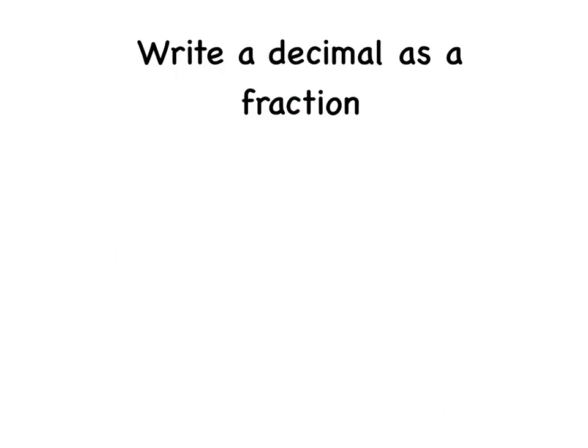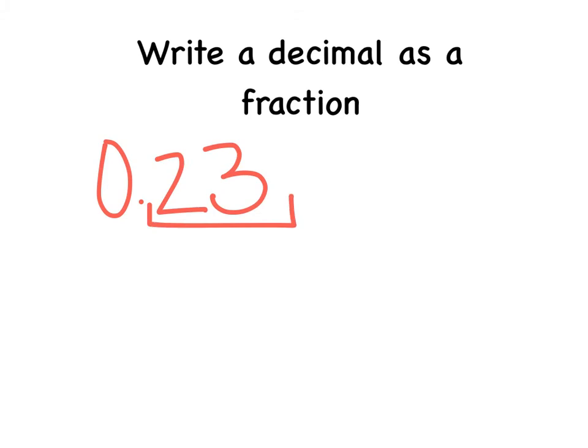Now let's talk a little bit about doing the reverse, writing a decimal as a fraction. So if you were to get something like 0.23, again, say this number out loud to help you first. We always read the number as a group, 23, and we say the word of where it ends. This ends in the hundredth spot.